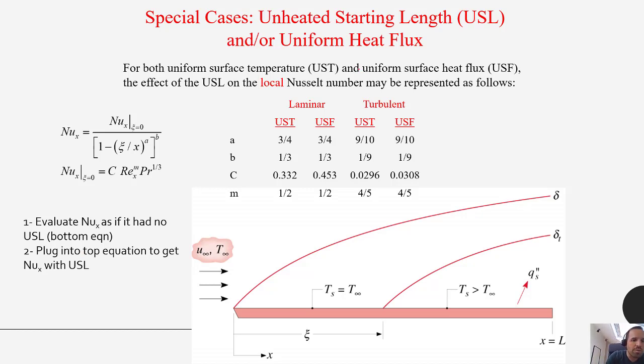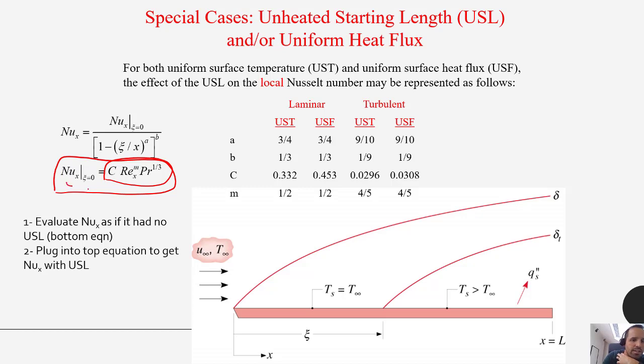We're basically going to be using this correlation in those cases. This modifies the turbulent flow correlation that we talked about. What you do here is you first evaluate the Nusselt number as if there were no unheated starting length. So you just use this bottom correlation first.